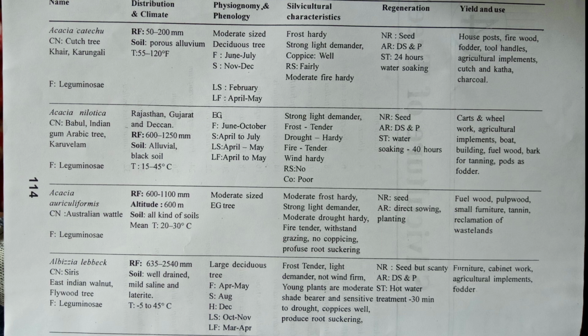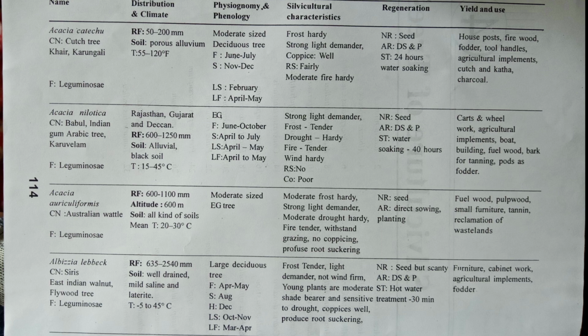The phenology of this Albizia lebbeck is like leaf fall, leaf shedding, flowering, seeding. It all happens in a particular month as mentioned, and the silvicultural characteristics are it is frost tender, light demander, not wind firm. Young plants are moderate shade bearer and sensitive to drought, coppices well, produce root suckering.